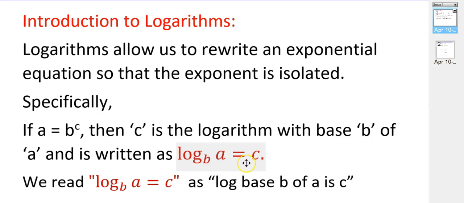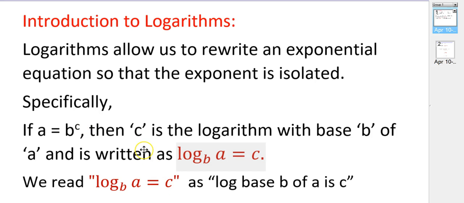How do you read this? Log base b of a is equal to c. We have to write this b as the subscript of log, and a is the given number, that's the main thing here, and the exponent c is your answer.